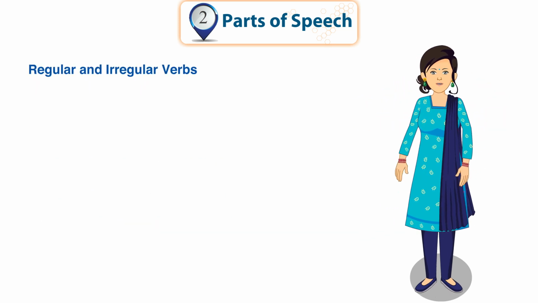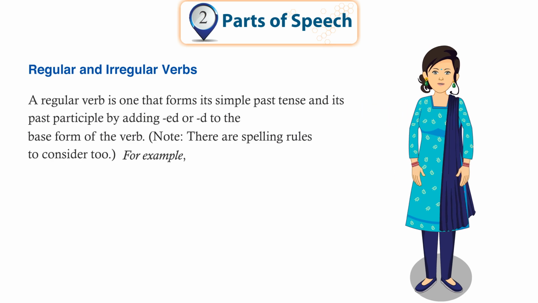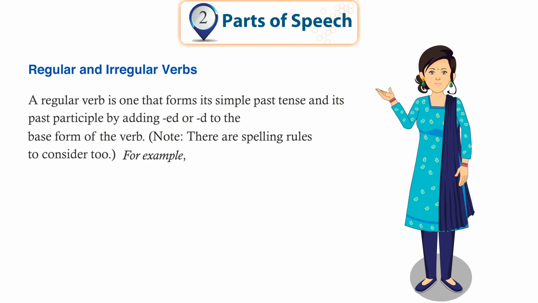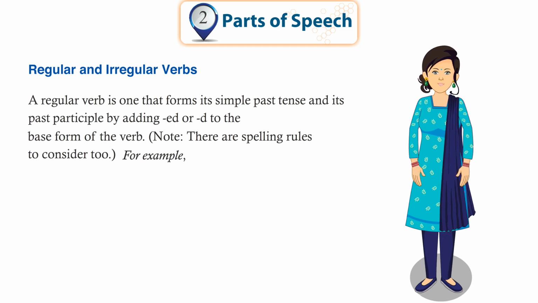Regular and irregular verbs. A regular verb is one that forms its simple past tense and its past participle by adding ed or d to the base form of the verb. Note, there are spelling rules to consider too.